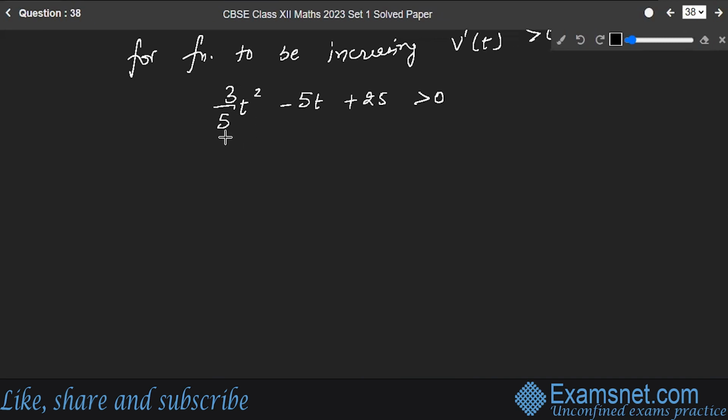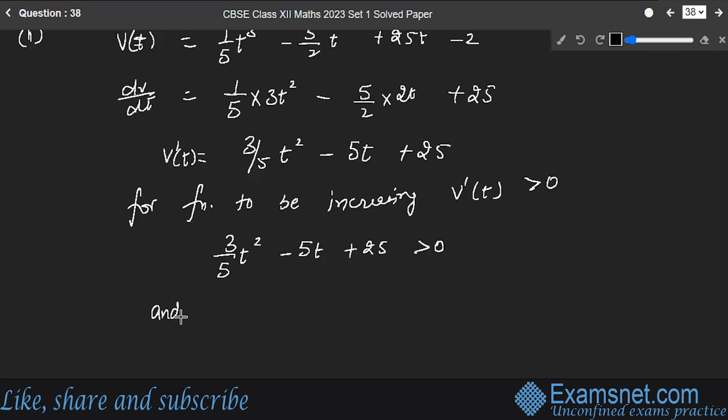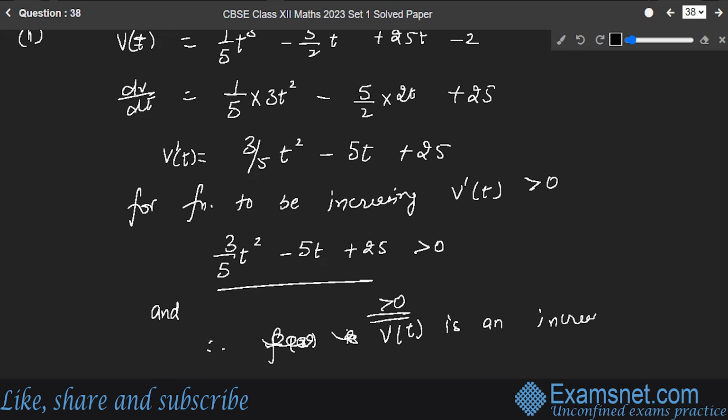If I look at this function, 3 by 5t square minus 5t plus 25, this is greater than 0. Therefore, Vt is an increasing function, right? Hope you understood this.